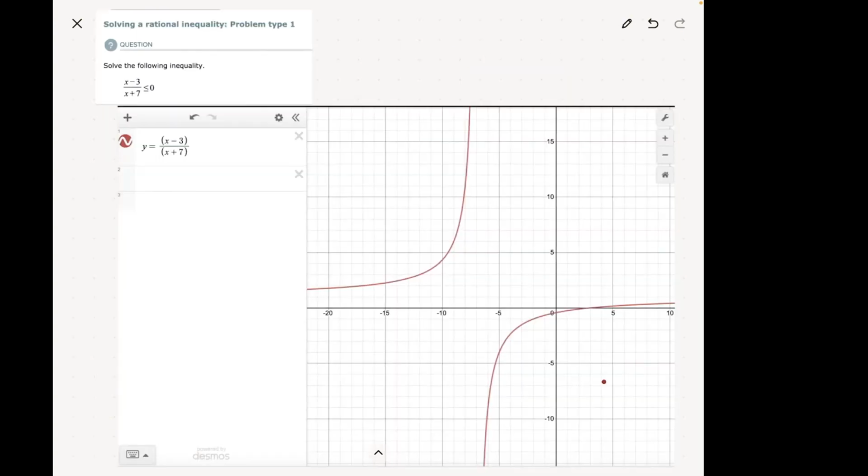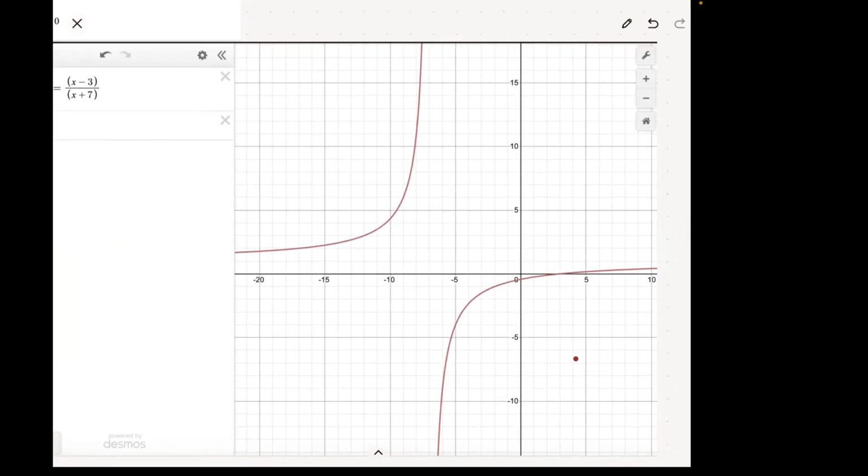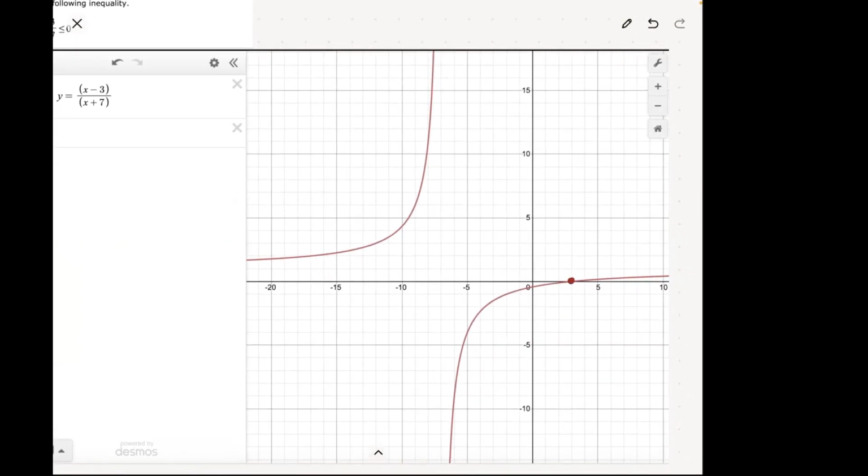Again, I said that there is an x-intercept at 3, and you can see that here on the graph. There was a vertical asymptote at -7, so this is just Desmos if anyone's used it. You can see that the vertical asymptote is at -7. Remember that we were trying to find out when y is less than or equal to 0. The y values are smaller than 0 when the graph is below the x-axis.